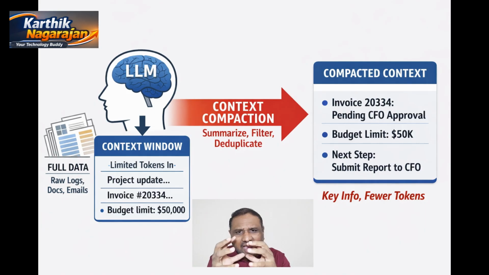Just pull this and keep it in your context history, which is one way of context compaction, for example. And now what should be compacted? Old conversation history, repeated explanations, long discussions and clarifications, historical emails and chats, old decisions already finalized. You don't have to go with them again and again. So this is context compaction.